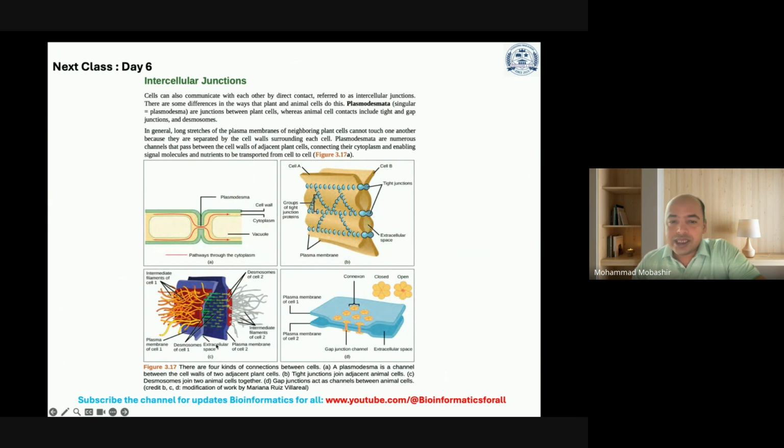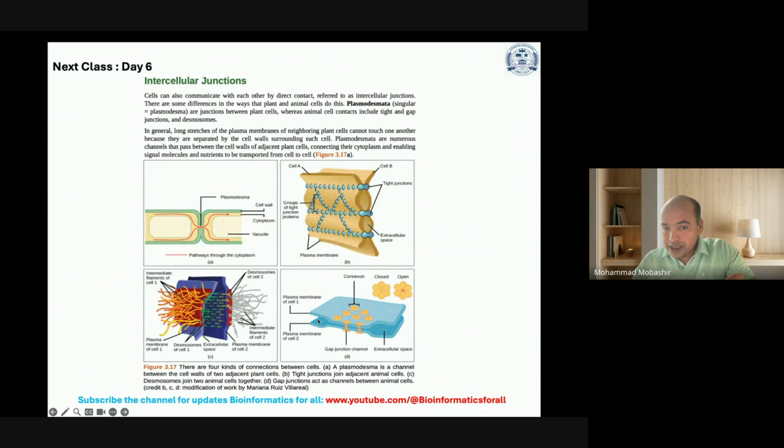Now, you can see this one is for gap junction. Here you can see desmosomes of cell 2, intermediate filaments of cell 1, then intermediate filaments of cell 2. Then here plasma membrane, desmosomes of cell 1, in green color, and desmosome of cell 2, in yellow color, and extracellular space. Then desmosomes, and then it comes gap junctions.